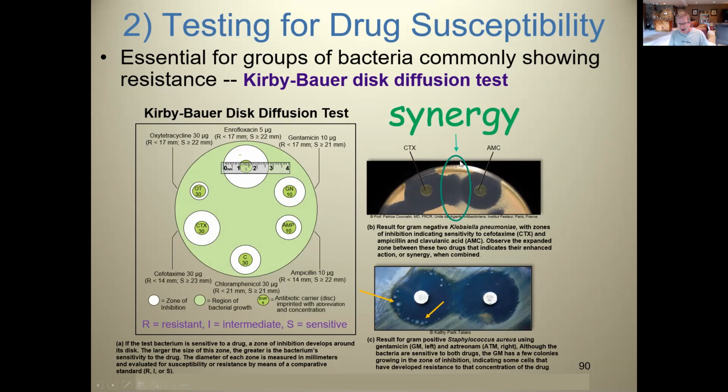And that's actually borne out visibly by this accelerated or enlarged zone of inhibition, sandwiched between CTX and AMC. This lower right-hand photograph is very interesting. Again, we don't so much see the synergistic effect, but what we can see is the presence of resistant colonies, which up here are on the very fringe of the zone of inhibition.